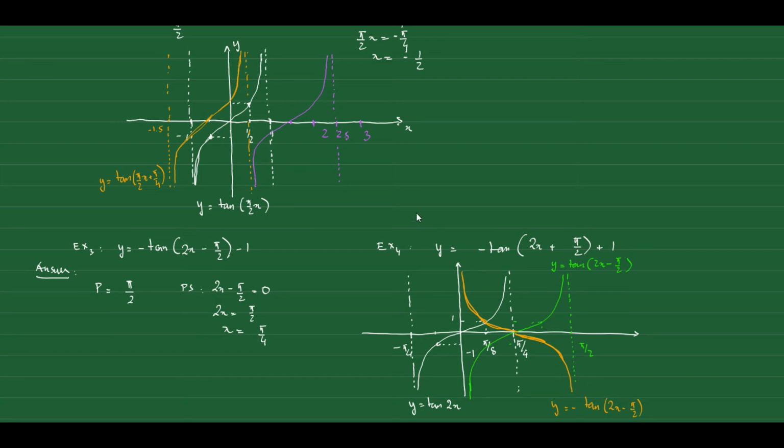Alright, so after the reflection, we have to do shifting down 1 unit. So everything goes down 1 unit, so it's going to go down here.